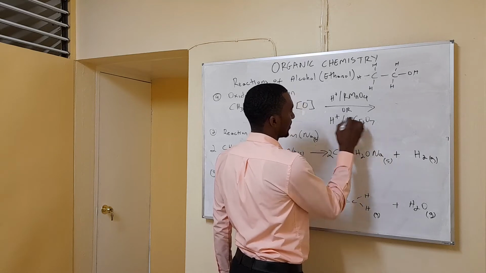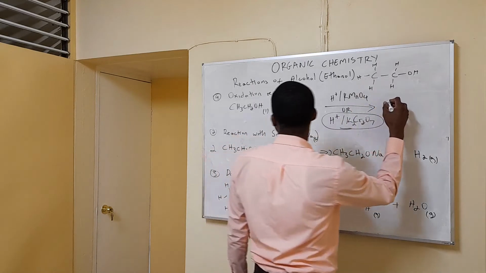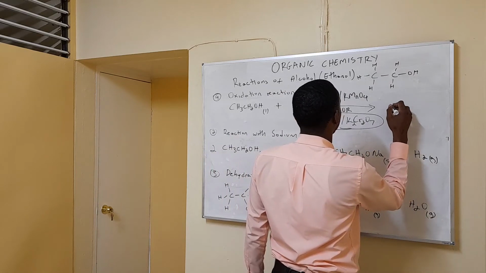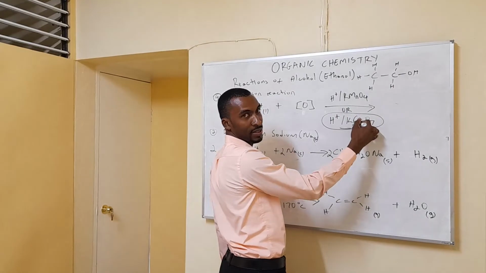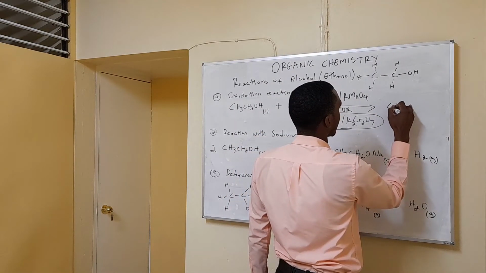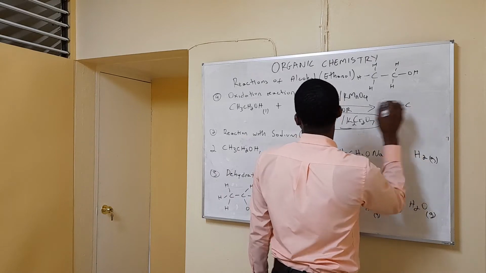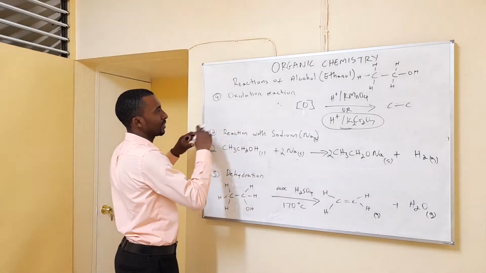Double check this formula here. Whichever condition, the potassium permanganate or potassium dichromate, the product here is the carboxylic acid. I'm just going to convert this to the full structure so you appreciate it better.